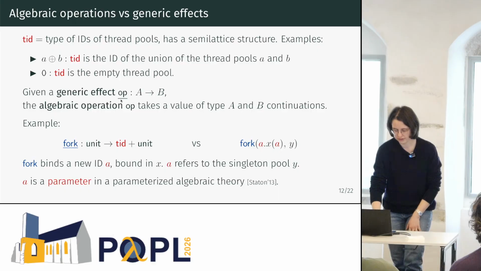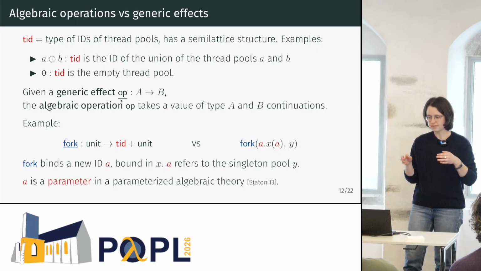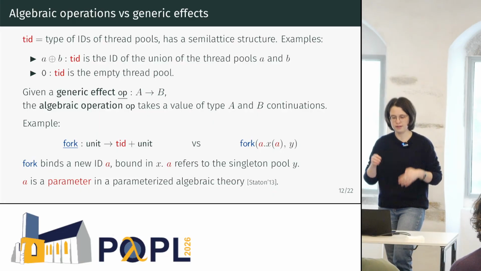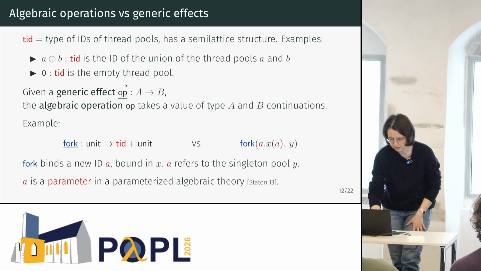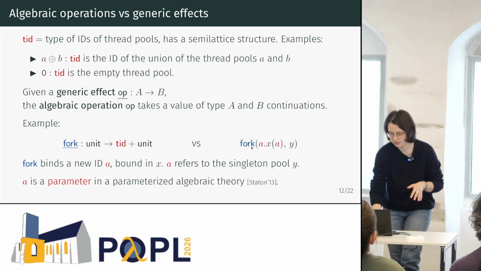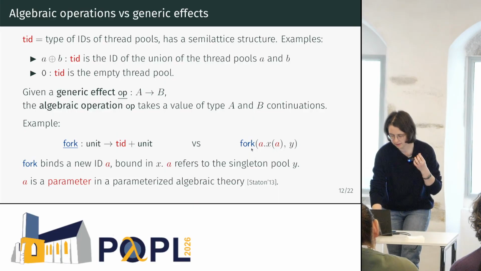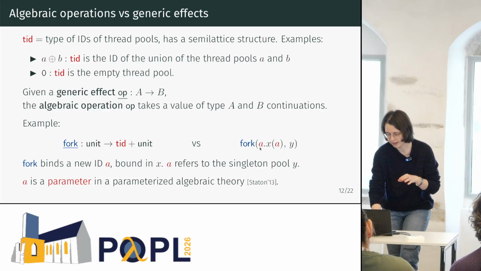So given a generic effect op that has type A to B, the corresponding algebraic operation will take a value of type A and 1 continuation for each possible value of type B. So we can apply this correspondence to the fork operation, for example, and then we would get this fork on the right that has 2 continuations, the parent X and the child Y. And the most important thing is that fork binds a new ID A, which is referring to the child Y. So A is bound in X.